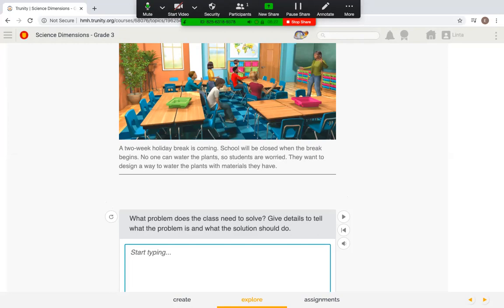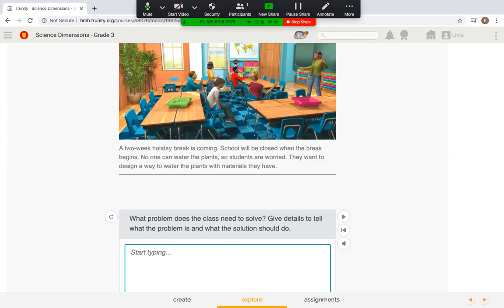So what is the criteria here? The criteria is that we need the right amount of water for the plants to avoid harming these plants. This is the criteria that I should seek in the solution I need to find, while the constraints are that it must work for 2 weeks, using all the available materials, finishing the task of watering plants before the break starts, and then keeping the plants safe.